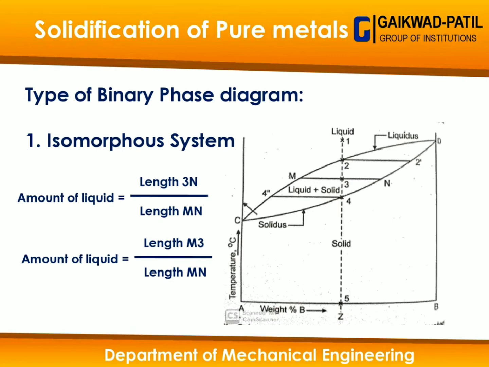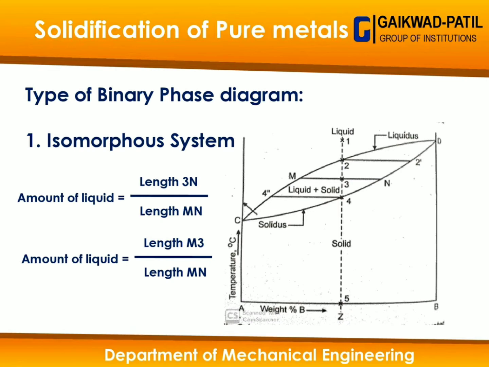The amount of liquid is the length 3N upon the length MN. And the amount of solid is calculated with the help of length M3 upon length MN.